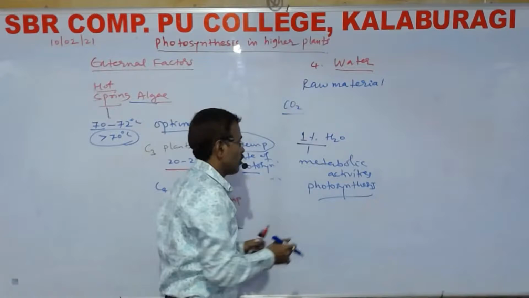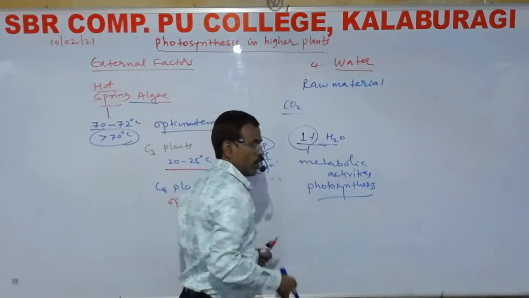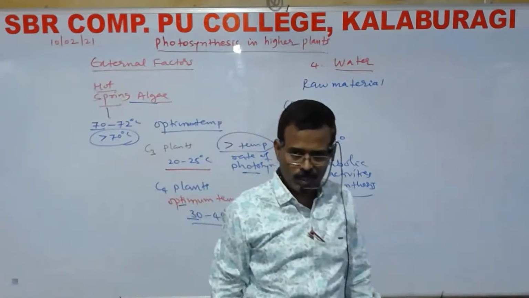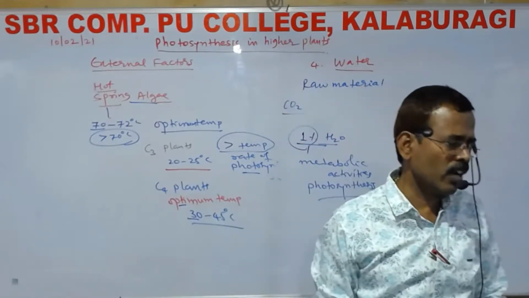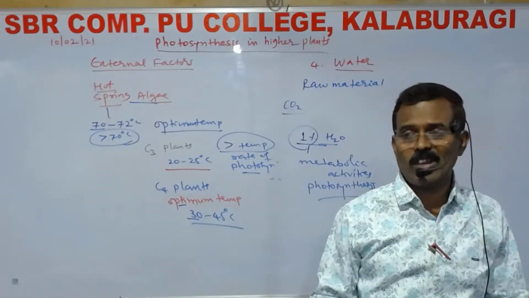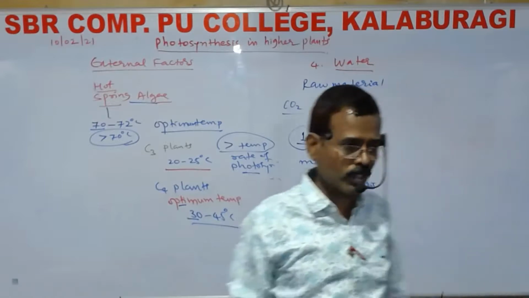Plants make use of hardly 1% of water for photosynthesis. That's why usually water cannot be a limiting factor. But water is essential. It is a raw material for photosynthesis.